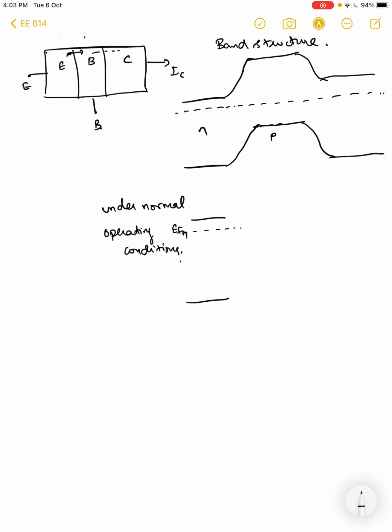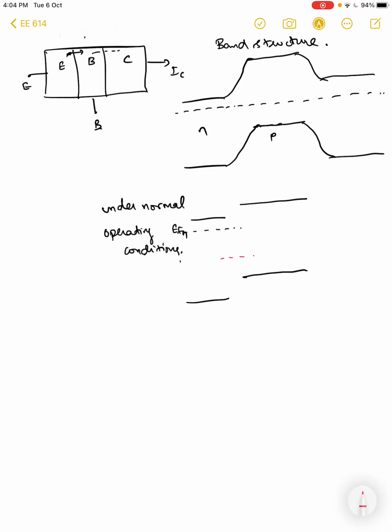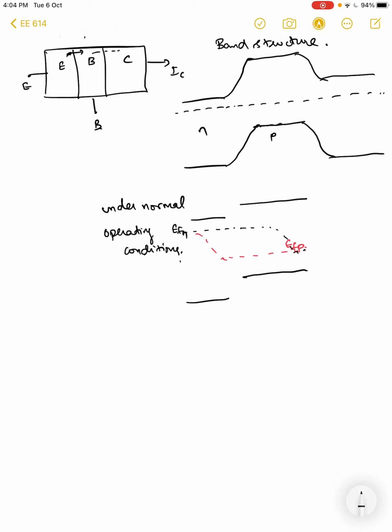Now the P-type is going to be changed, so we are going to, let us say, draw this here and this a bit lowered and maybe in a different color. So I have EFP here. Remember the standard notations in which we draw the quasi-Fermi levels or IMREF levels in the normal junction, right?